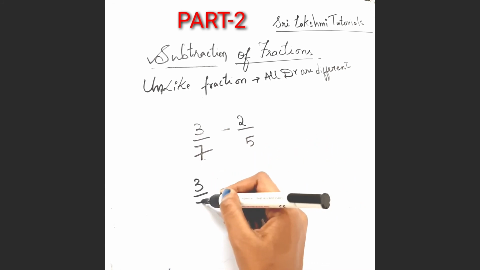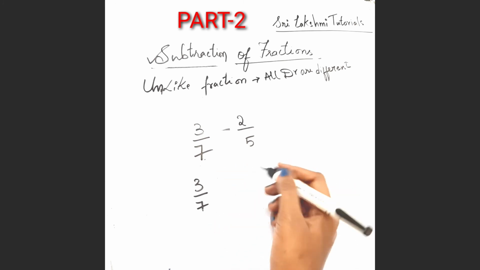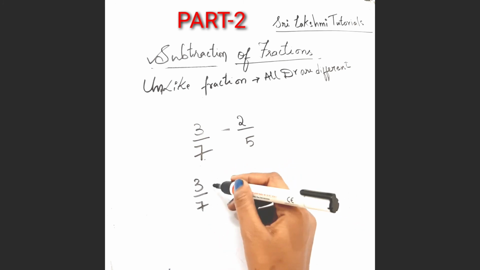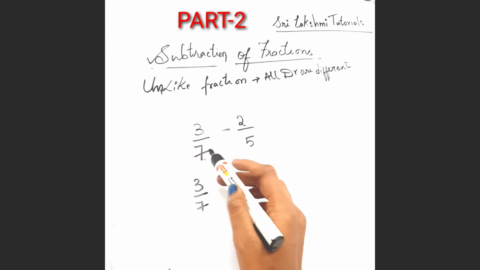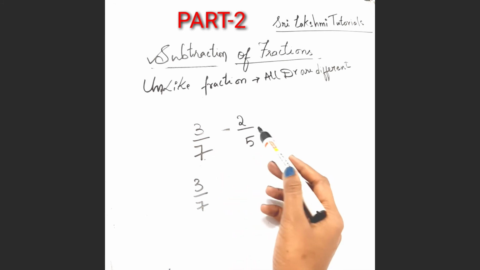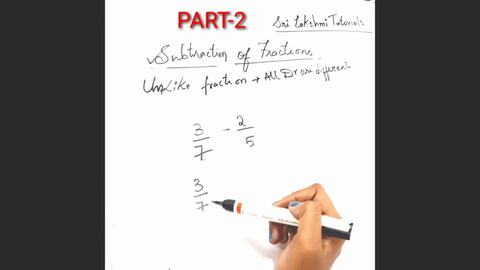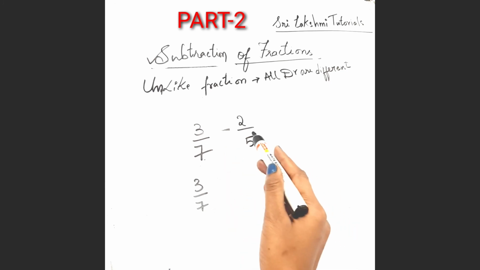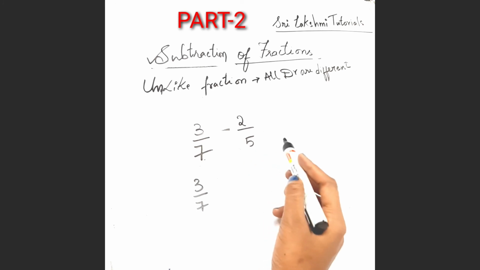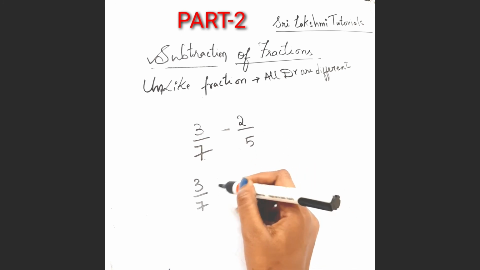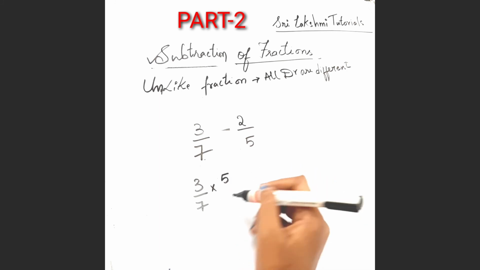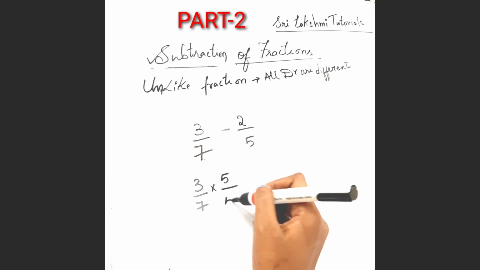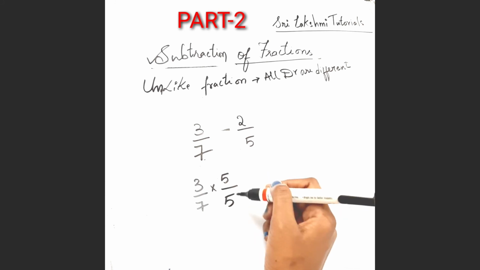First take the first fraction 3 by 7. Now make it an equivalent like fraction. Otherwise what did I say? Divide and multiply with the denominator of the second fraction. Okay. Now I am multiplying the numerator with 5 and also the denominator, means 5 by 5.